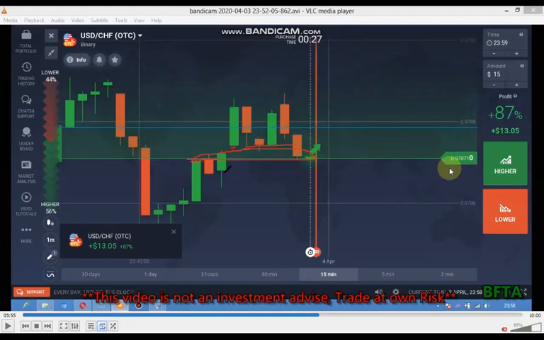As soon as it's in seller's area, sellers will enter. So I just placed a call option. Immediately this candle closed at that level with a rejection. So another point: if this candle didn't have any rejection, you can go with sellers. Take note that not all the time will this candle work as a reversal.